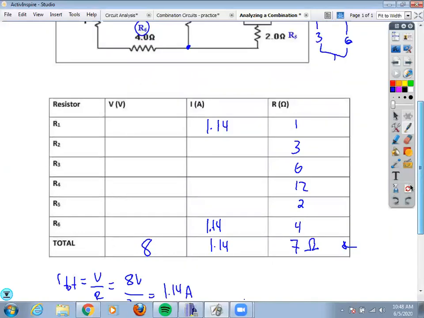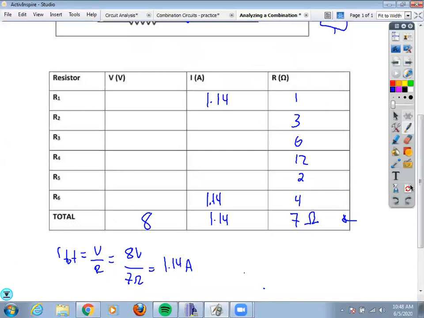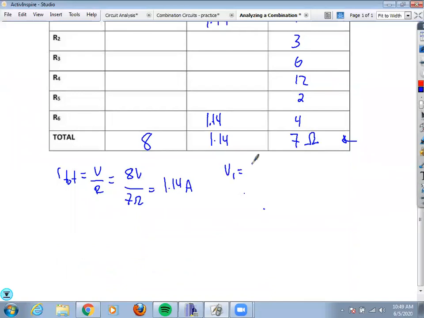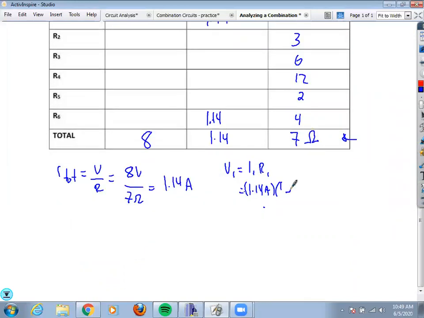The next step is finding the V1 and V6 because, of course, we have two of the three in Ohm's law. So V1 equals I1 R1, so 1.14 amps times R1, which is 1 ohm, which is equal to 1.14 volts.